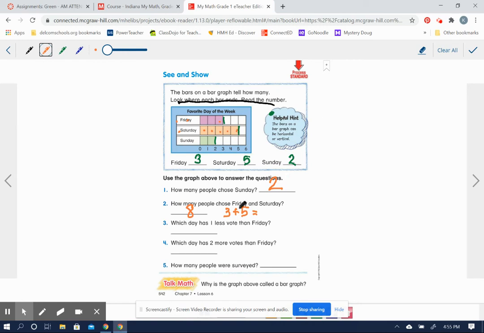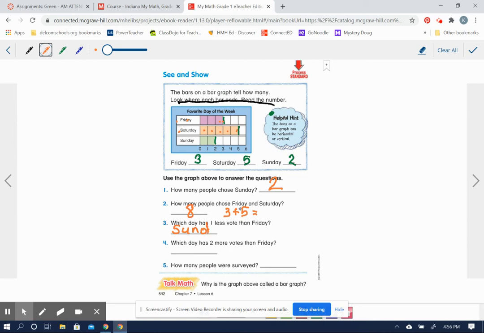All right, question number 3. Which day has one less vote than Friday? Well, Friday has 3. So did Saturday have less than 3? Or did Sunday have one less than 3? I hope you said Sunday. It says which day. So they want the day of the week, not a number.